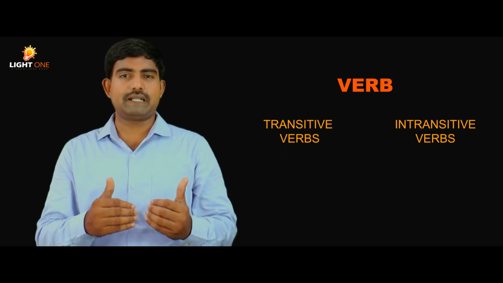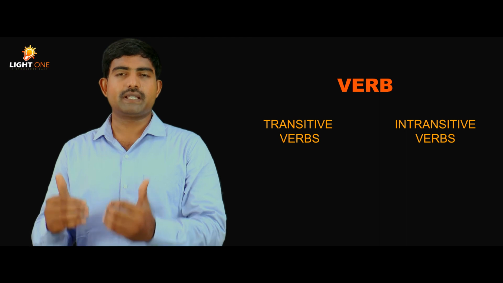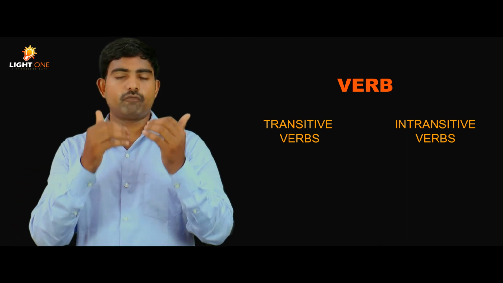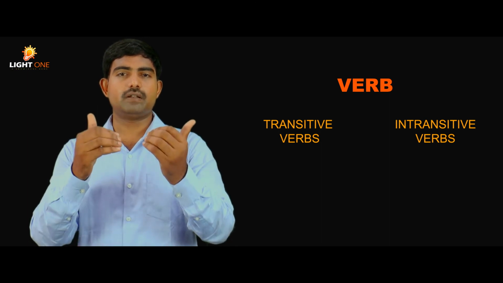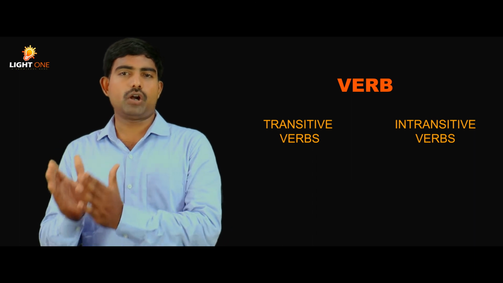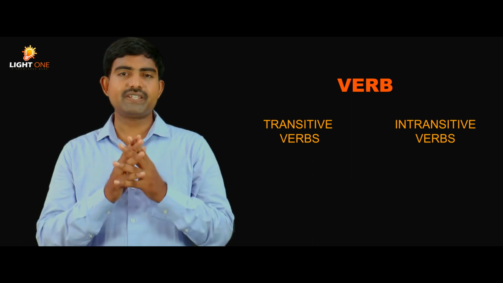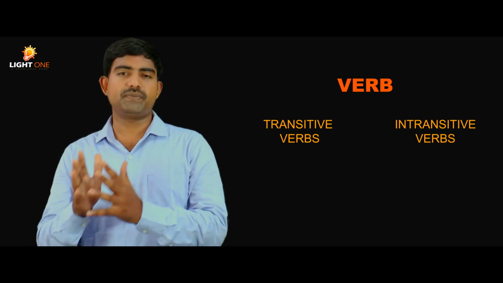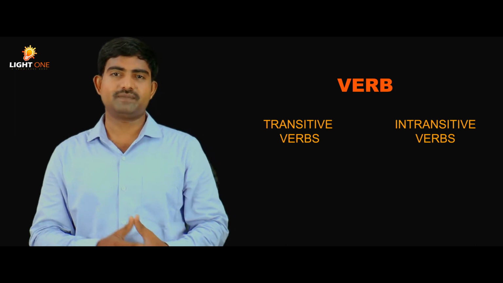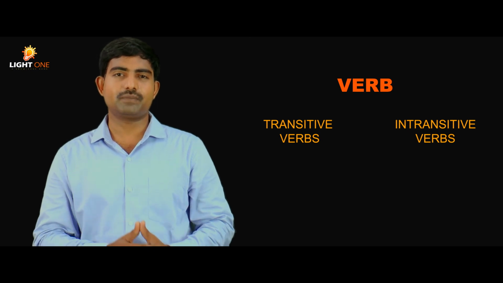If a verb does not take any object, it is called an intransitive verb. For an intransitive verb, I will tell you one example. He cried a lot. In this sentence, there is no object. So here, the verb does not take any object, so it is called an intransitive verb.